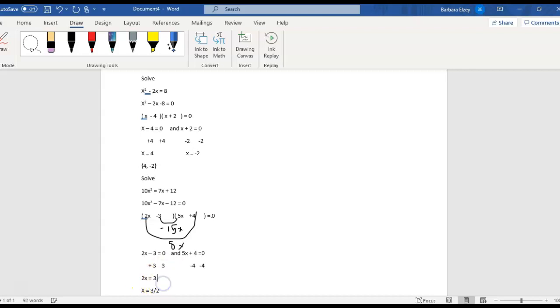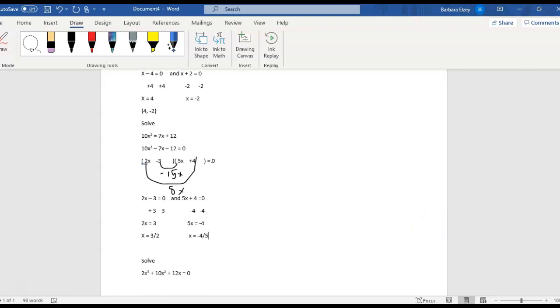And we will get 5x equals negative 4. And then let's divide out our 5 on both sides. And we'll get negative 4 over 5.